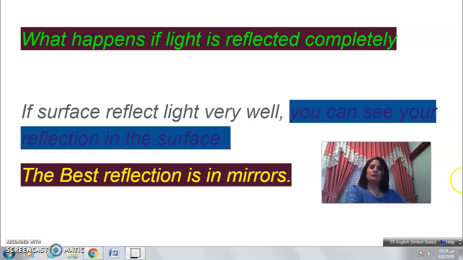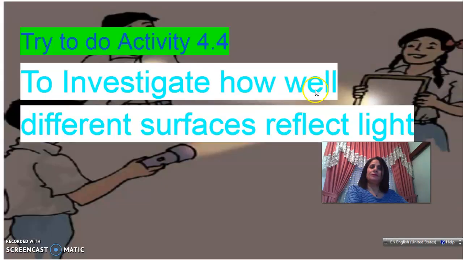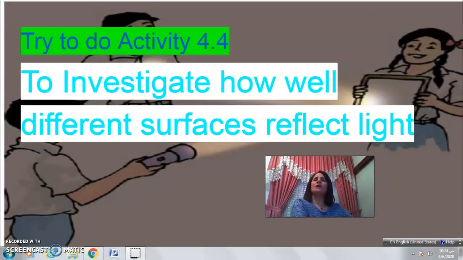So, another thing, I want you to try to do activity 4.4 so as to investigate how well different surfaces reflect light.